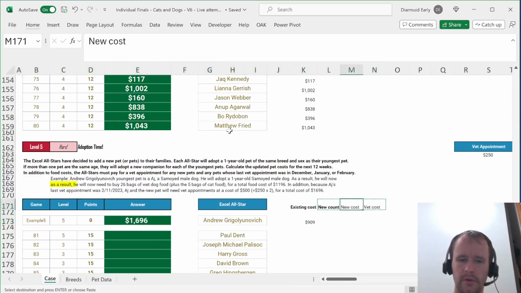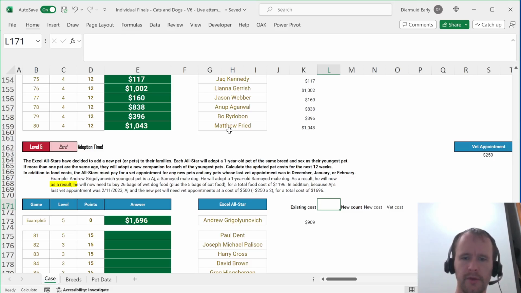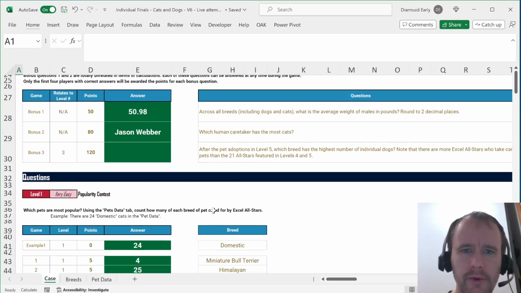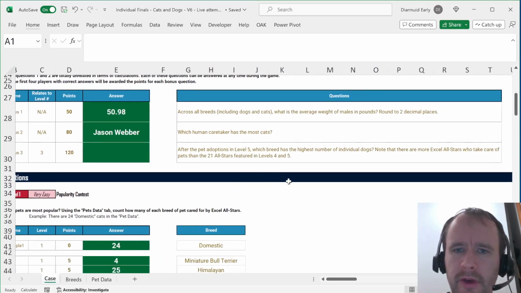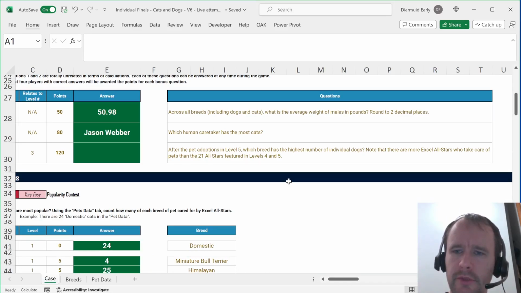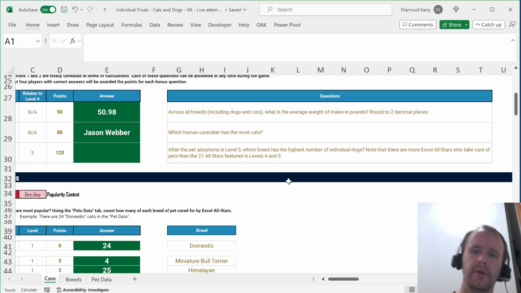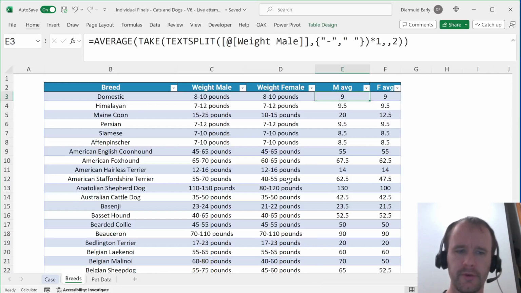So we can afford to break it down a little. Hang on, let's just see what the bonus question is so then I'll know where I'm going here. After the pet adoptions in level 5, which breed has the highest number of individual dogs? There are more XL All-Stars who take care of pets than the 21 All-Stars featured in levels 4 and 5. Okay. Alright, so then I'm going to have to do it a little differently.